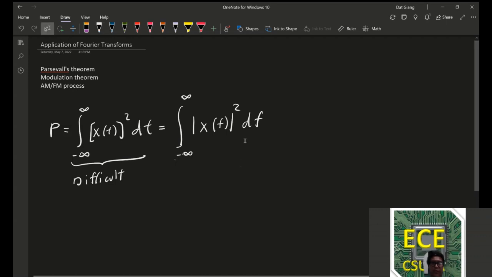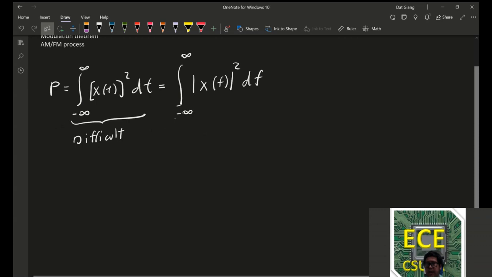Now, to show you the difference, it's like asking what is the power of, suppose we have, sine of f naught t. When it comes to squaring this, we have to do a double angle expansion on it.